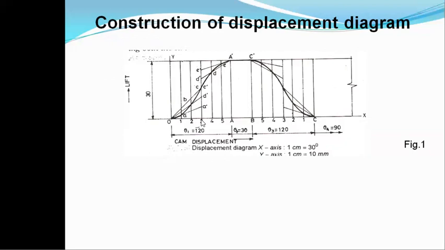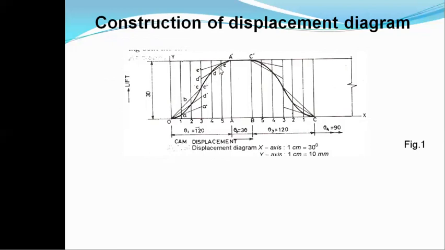After completing this division, join O A dash, which is going to intersect the first vertical line at point A, and also O B dash will intersect at point B, and O C dash will intersect at point C. This is for uniform acceleration.